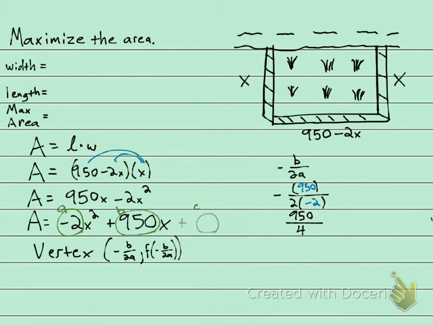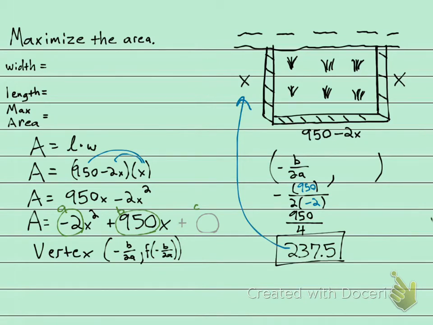So 950 over 4. Let me put that in the calculator, see what that is. 950 divided by 4 is 237.5 meters. Now that is my x value. Okay, if I'm doing x and y, this is my x value. This is also going to be the x right here.